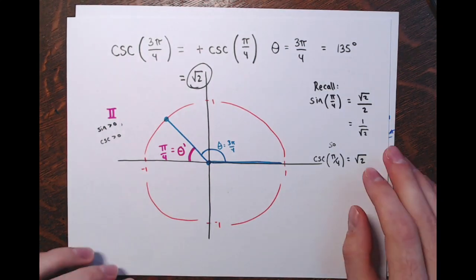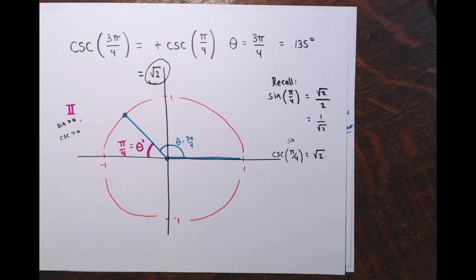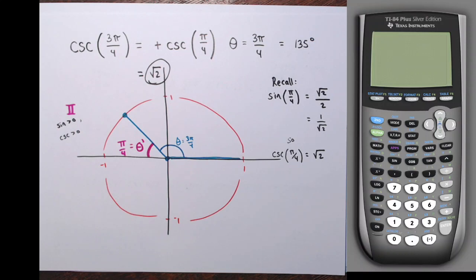Now I'm going to pull a calculator up and we'll verify this. When I turn my calculator on, I want to make sure all my angles are in radians, so I hit the mode button and make sure I'm in radian mode. So far I'm in good shape.